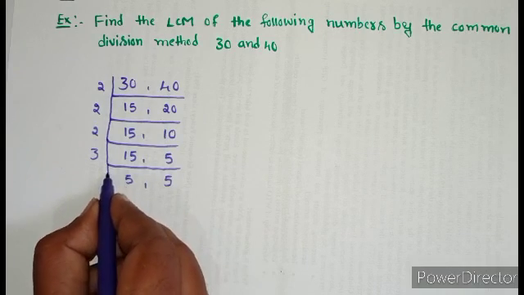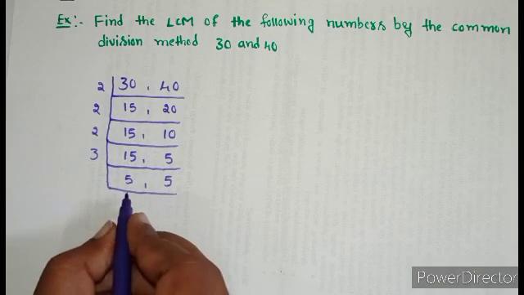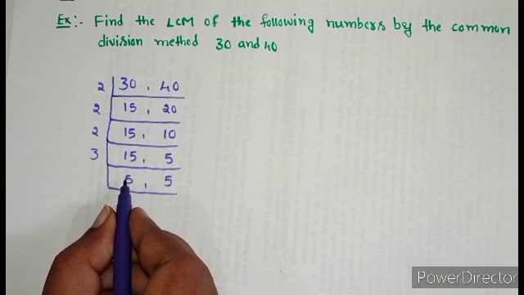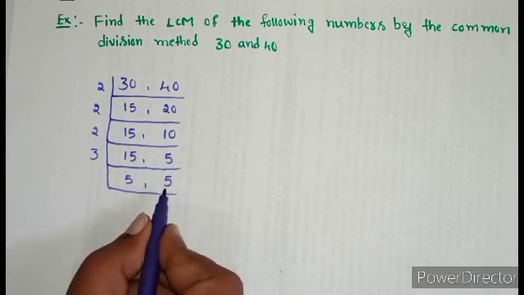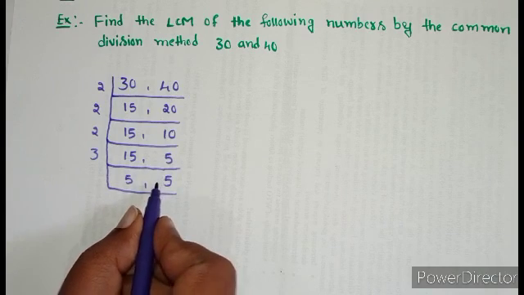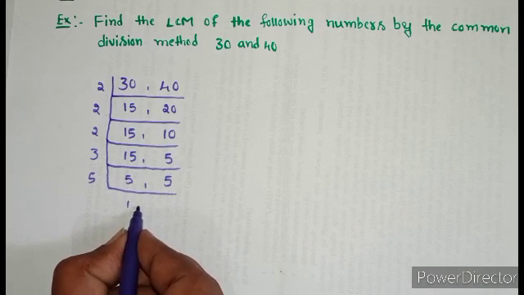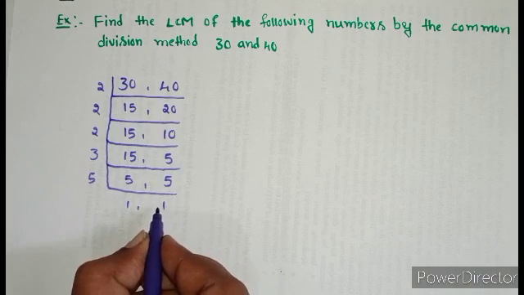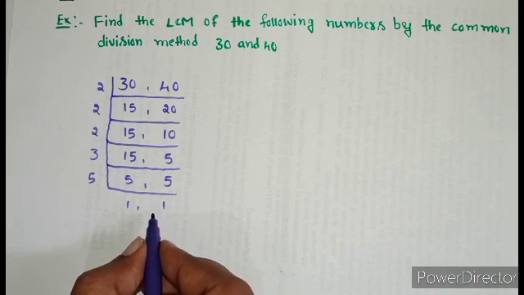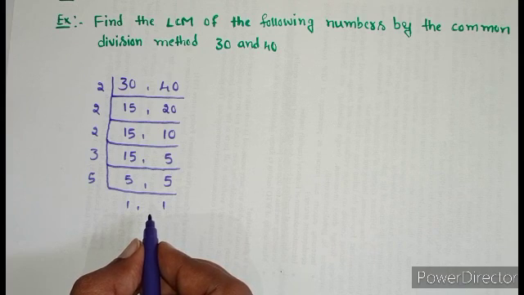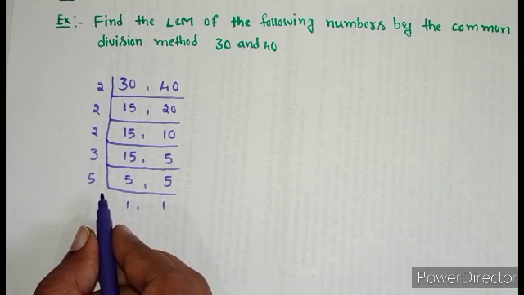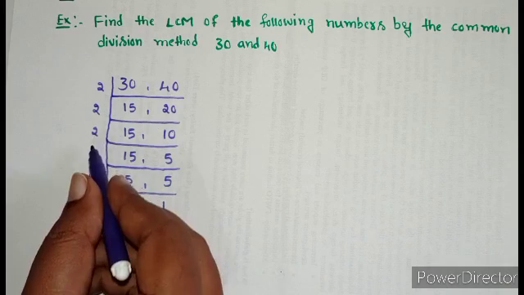Now the smallest prime number which can divide these two numbers is 5 itself, right? 5 only. 5 ones are 5, 5 ones are 5. And here we get the prime numbers in the last row.